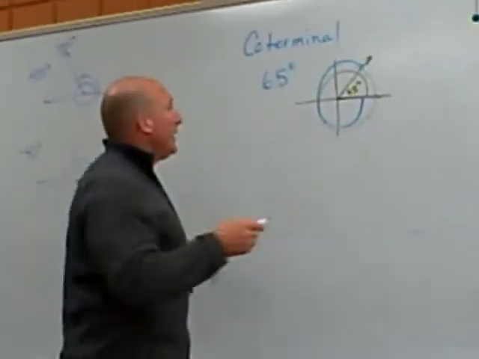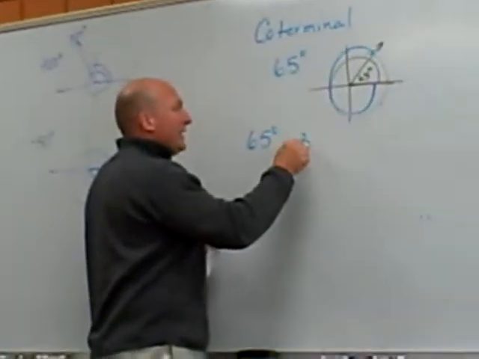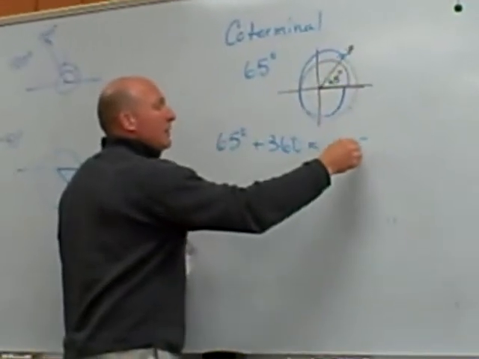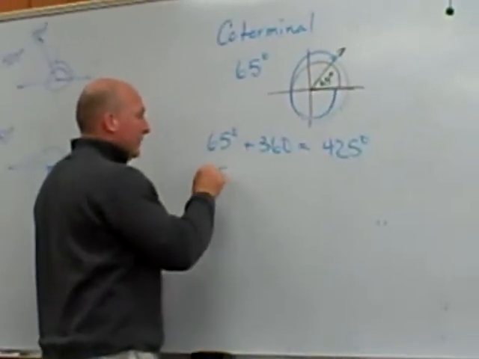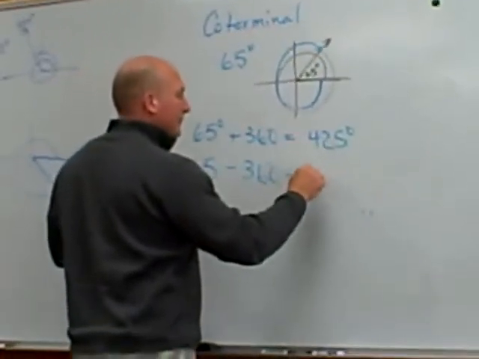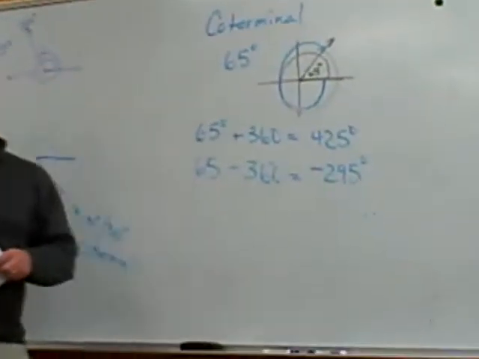So, what's the shortcut? Take your degree measure, add 360 to get another positive, and go the other way. Subtract. Done. Those are coterminal.